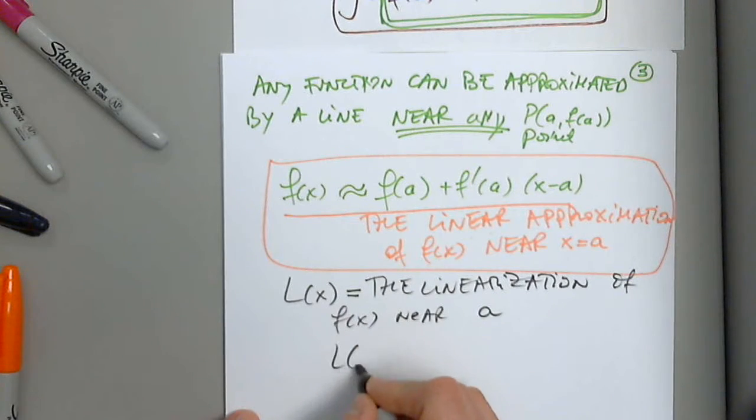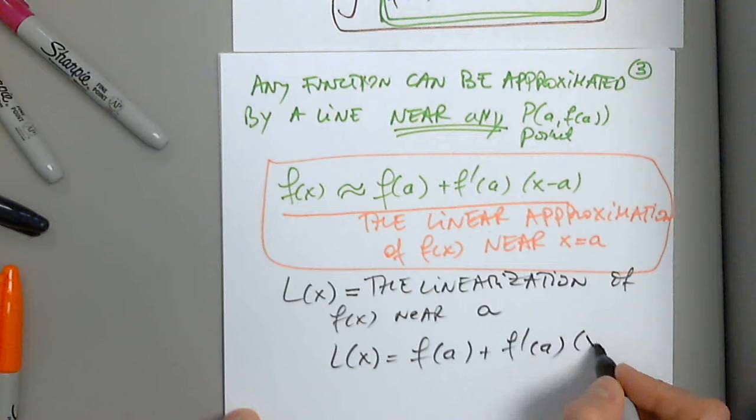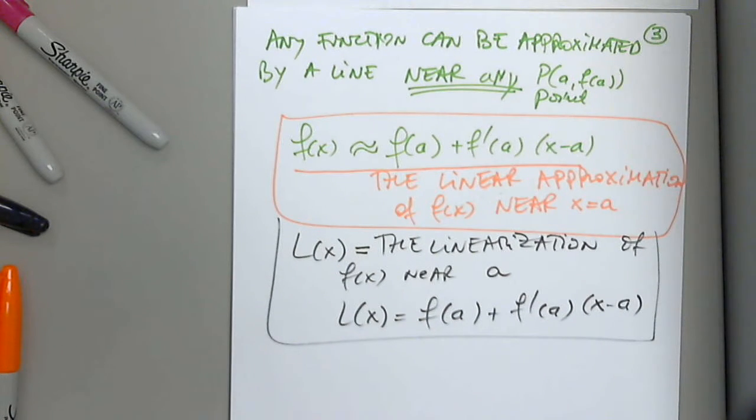The same thing: f of a plus f prime of a times x minus a. So what is this concept all about? It only says that a function can be approximated by a line at any point where it's differentiable. What line would that be? The equation of the tangent.